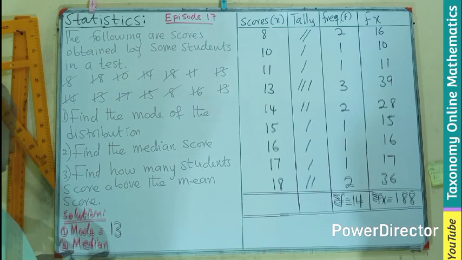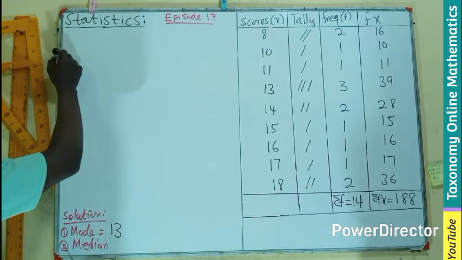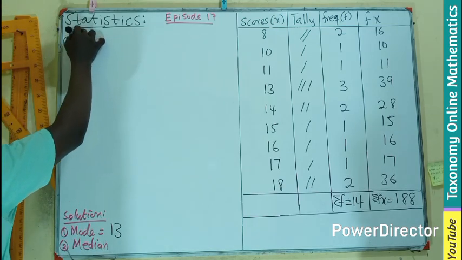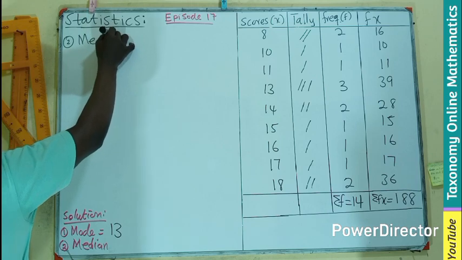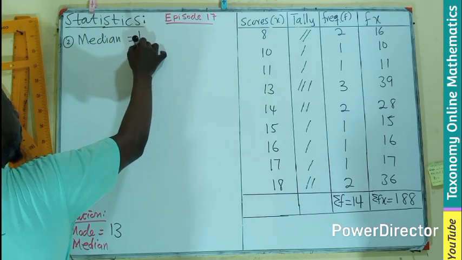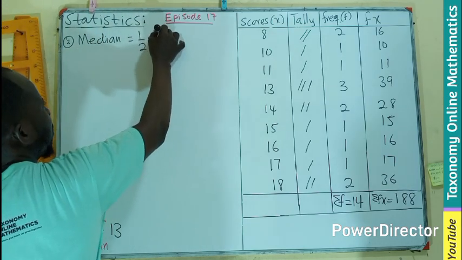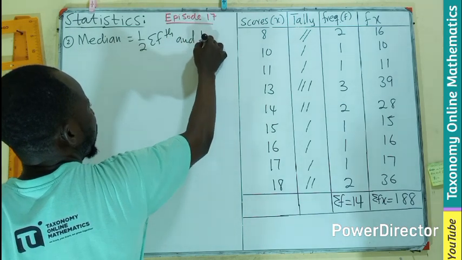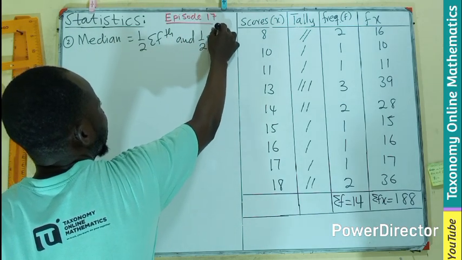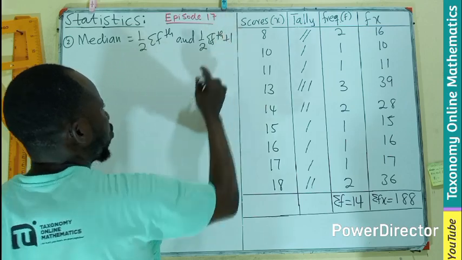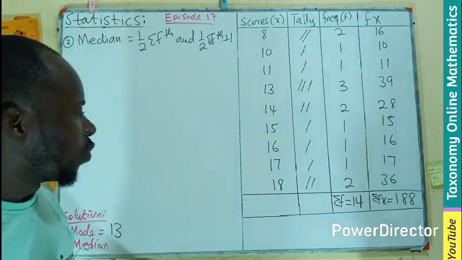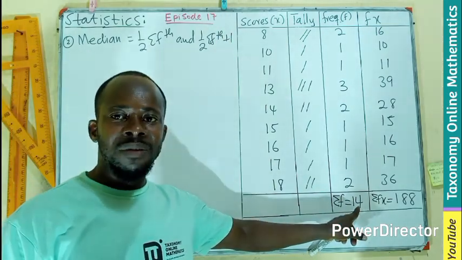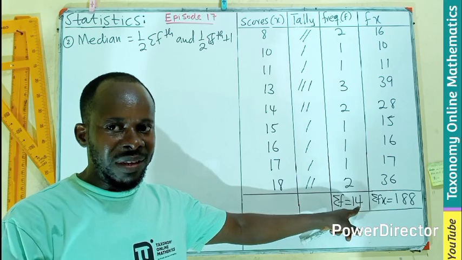So to find the median, we are still at number 2. It is 1/2 sigma f and 1/2 sigma f plus 1. Why am I adding plus 1? Because this is what? An even number. The total frequency is even.